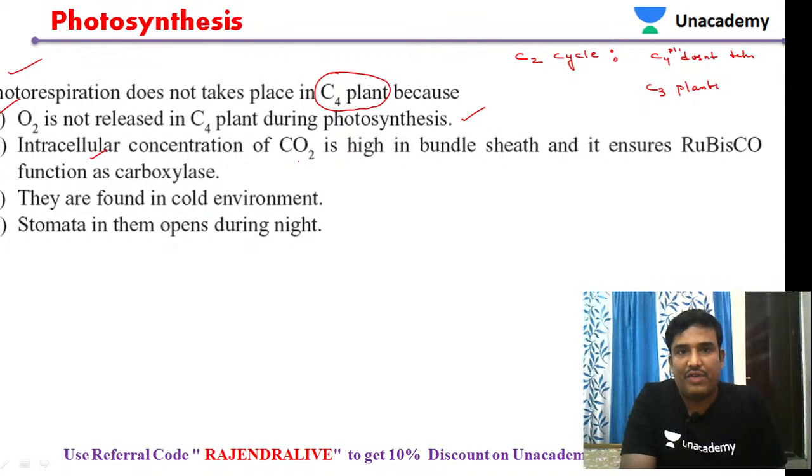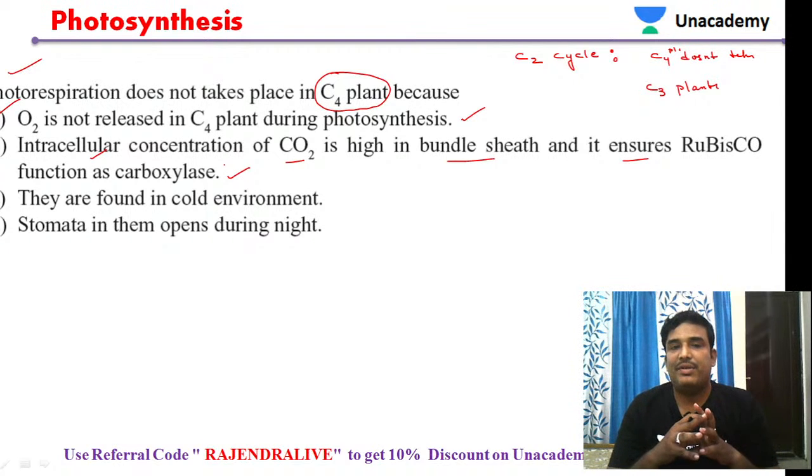Intracellular concentration of carbon dioxide is high in the bundle sheath cells, and it ensures Rubisco functions as the carboxylase. So this statement is also right, no doubt. The CO2 concentration will be high in bundle sheath cells.